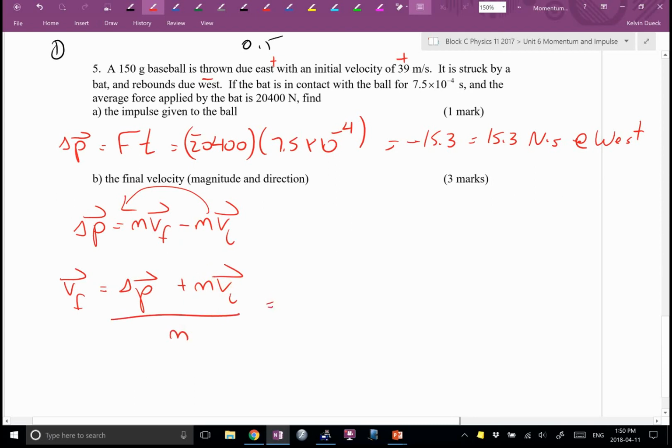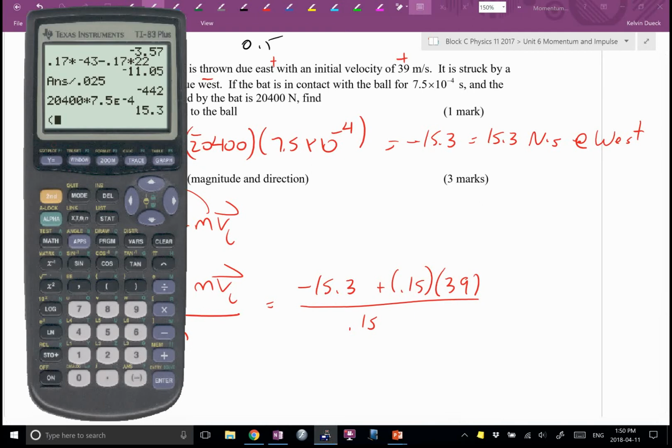It equals my impulse, which is negative 15.3 plus 0.15 times positive 39 divided by 0.15. Negative 15.3 plus 0.15 times 39 divided by 0.15.